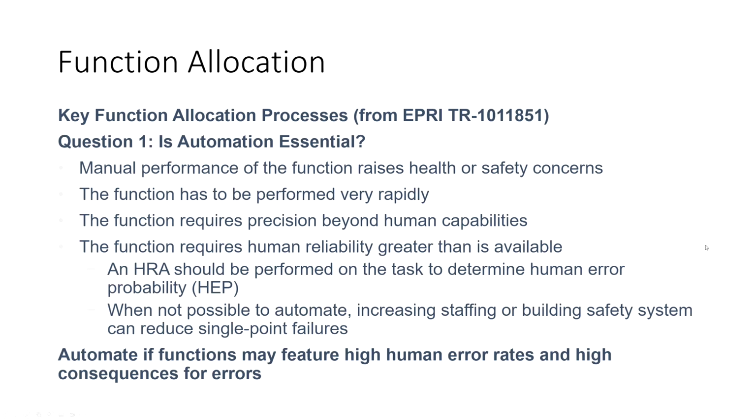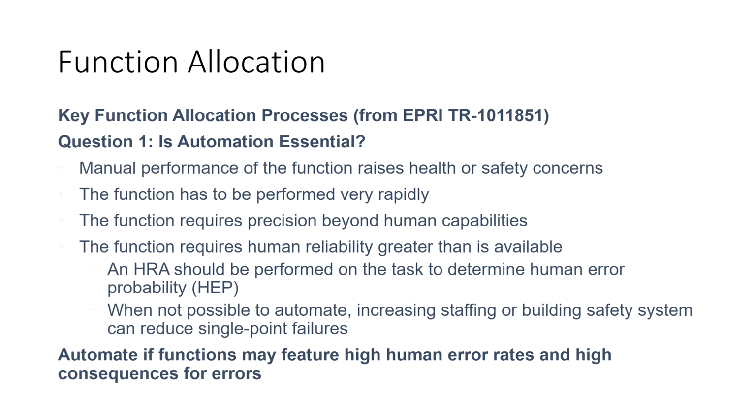And then function allocation is where we look into, is automation essential? So maybe manual performance of this task raises health or safety concerns. Maybe it has to be performed incredibly rapidly. Think about your ABS system in your car and how much faster it can pump your brakes than we physically can. Or the function requires precision beyond human capabilities. Or the function requires human reliability greater than is available.